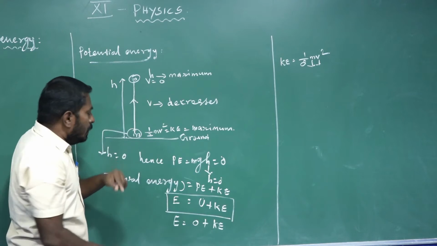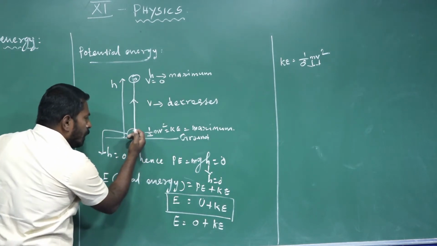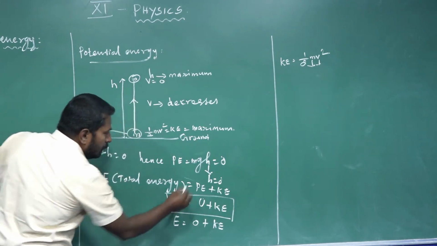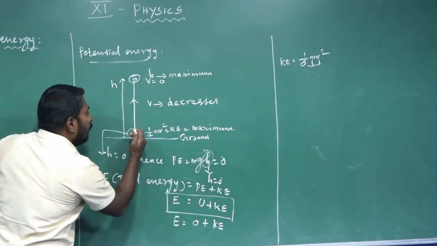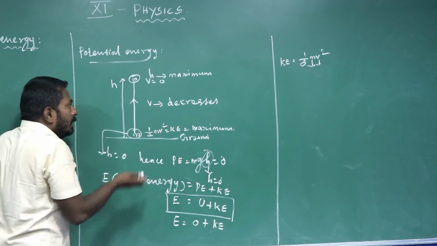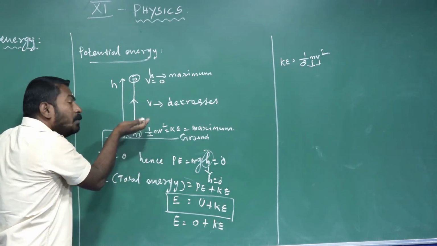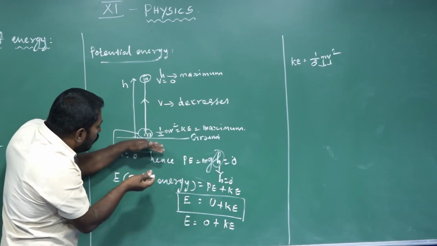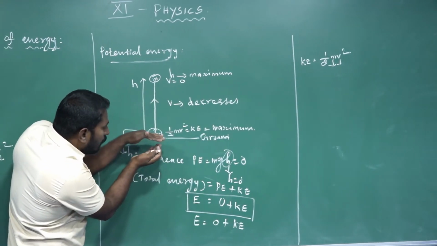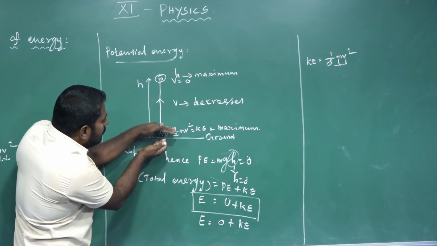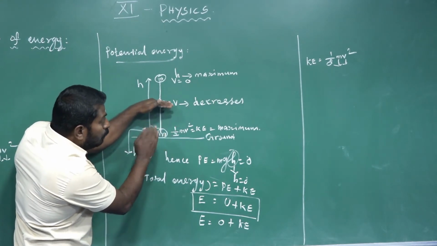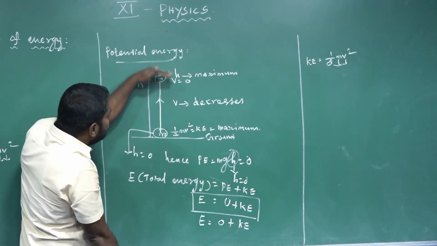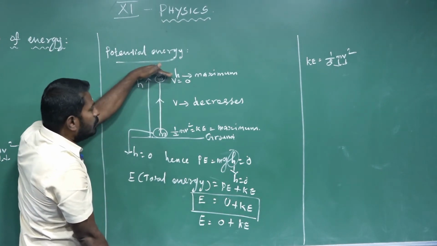Potential energy depends entirely on height. If the height of the body increases, the potential energy keeps increasing. So keep it in your mind: if the body is thrown vertically upward from the ground, kinetic energy goes on decreasing, but potential energy keeps increasing, until the body reaches the maximum height.